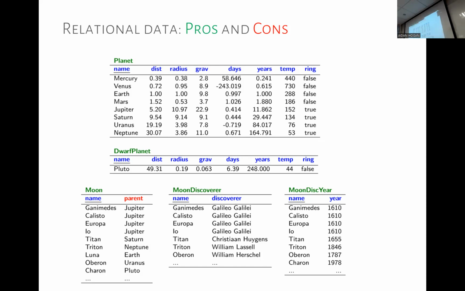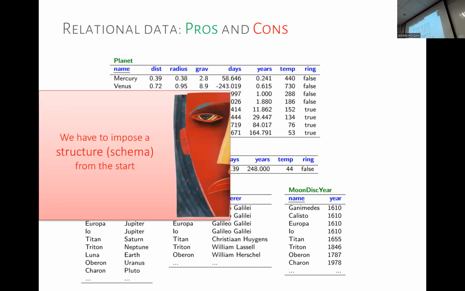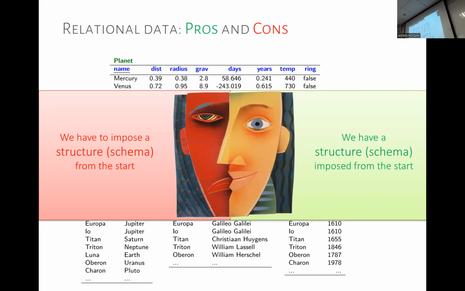Okay. So what are the pros and cons of relational data? We're going to start with the cons. The disadvantage of relational databases is that we have to impose a structure or a schema from the start. This can be difficult in certain domains where we don't know exactly what kinds of data we're going to want to model. What's the pro? We have a structure or schema imposed from the start.